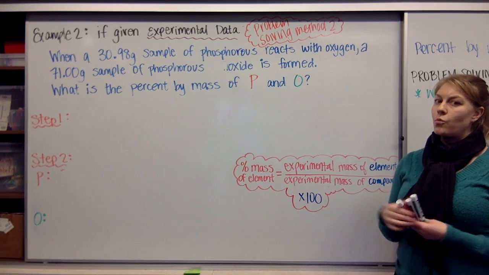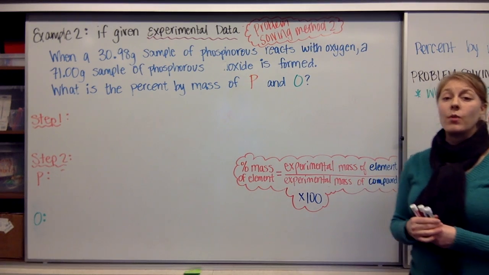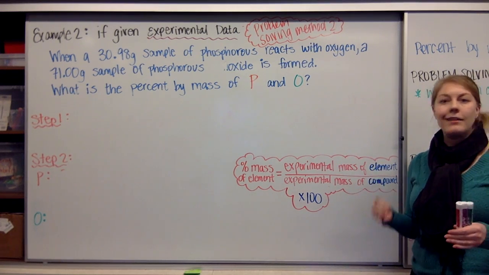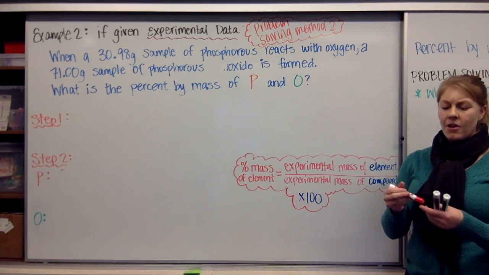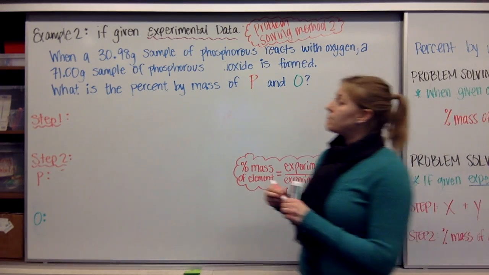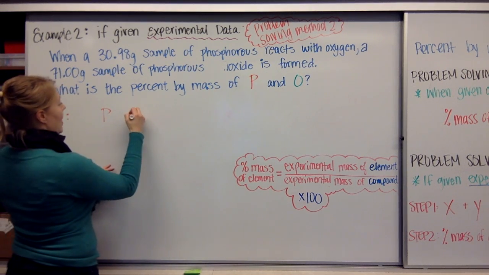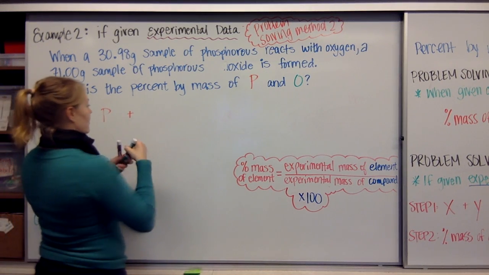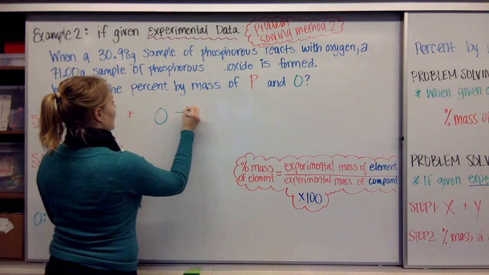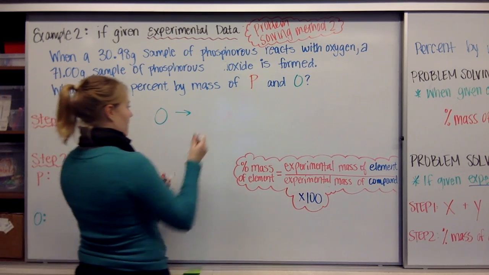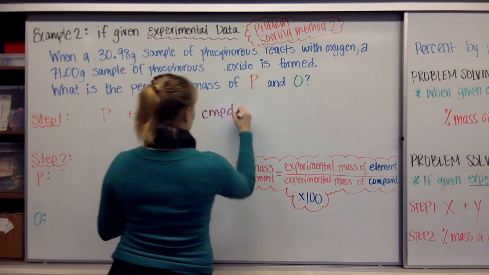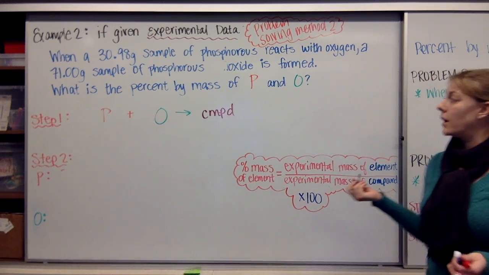Right, now I said, step 1, we have to write an equation, a simple equation, not a fully balanced chemical equation with state symbols. Right, we just need to know what's going on here. Here, we have phosphorus and oxygen reacting to form a compound, right? That's the basics of what we got going on.